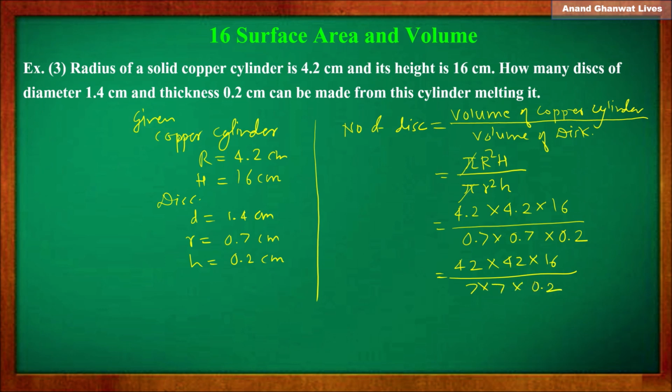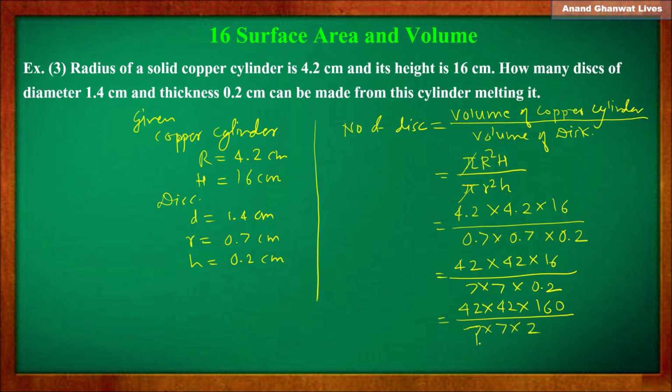Now this 0.2 in the denominator can be made an integer by multiplying numerator and denominator by 10. Therefore 42 into 42 into 16 into 10, that is 160, upon 7 into 7 into 2.